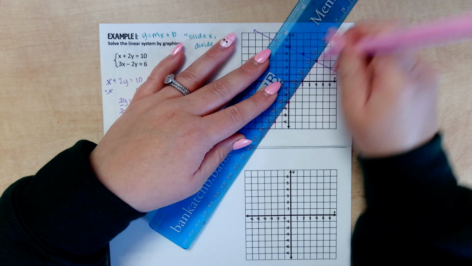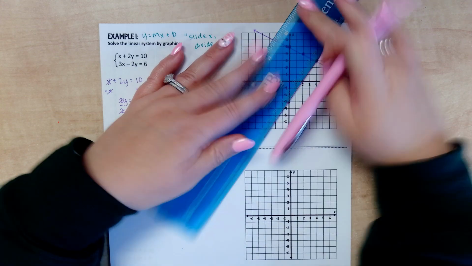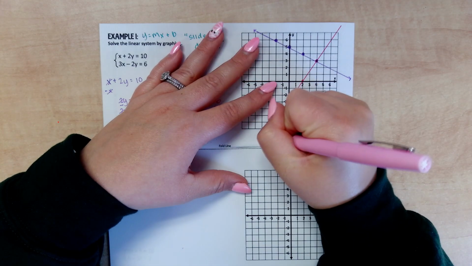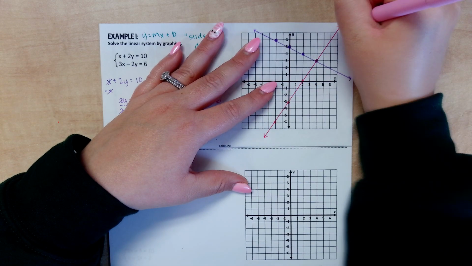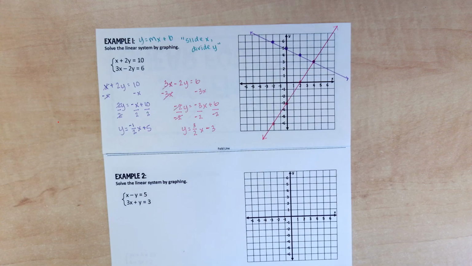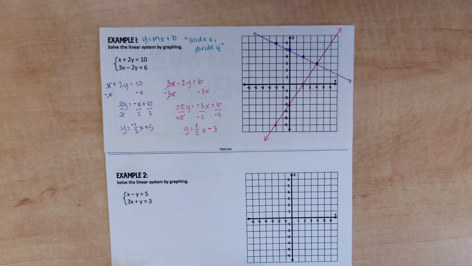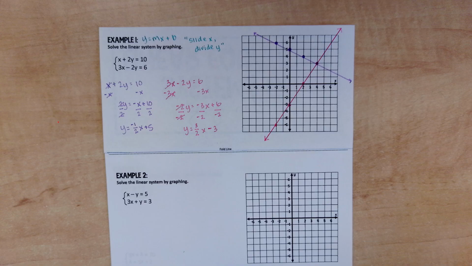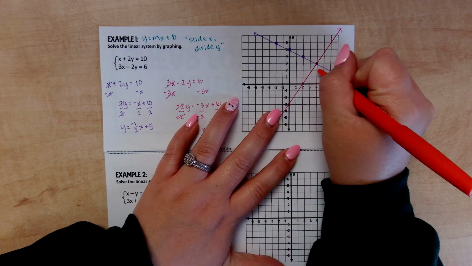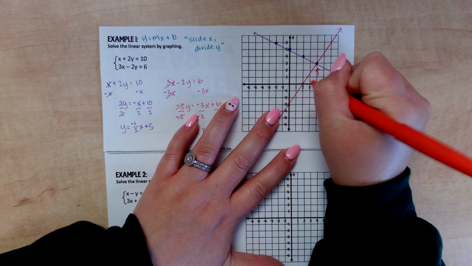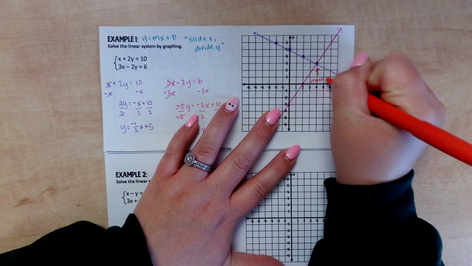So now the purpose. The purpose, as some of you are probably already inferencing here, is I gave you two systems. We were able to slide and divide. We plotted both systems, and both of these equations crossed at one specific point. This is their intersection.